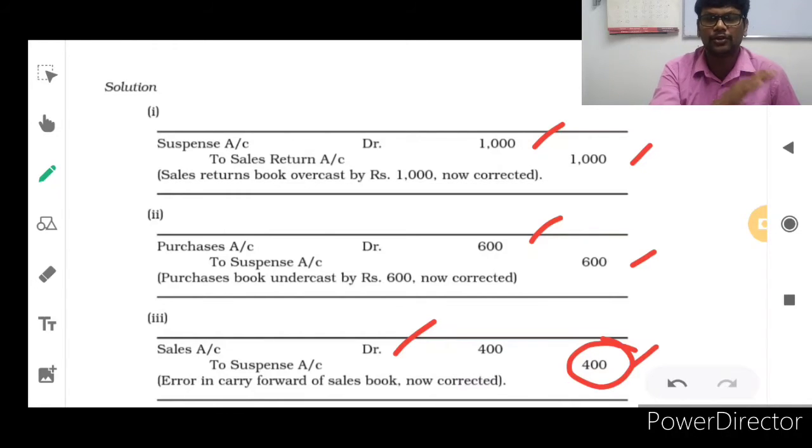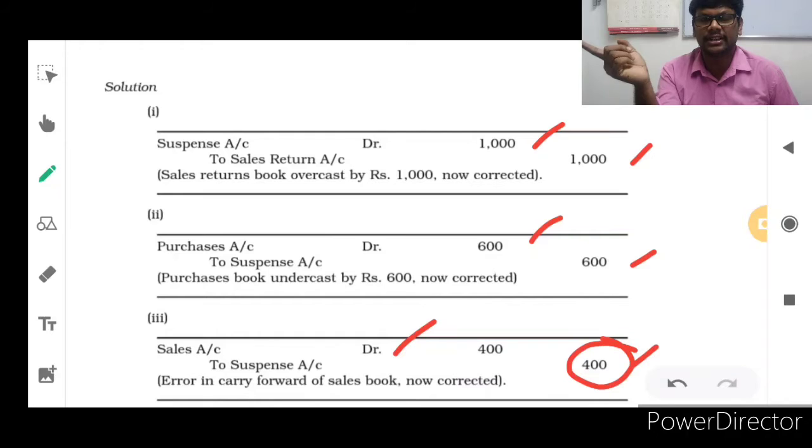From page number 4 to 5, they transferred 1,000 rupees instead of 1,200. From page number 8 to 9, they brought forward 5,600. The actual amount shown on page number 8 is 5,000 only. 600 more they wrote on the next page, which was brought forward wrongly.